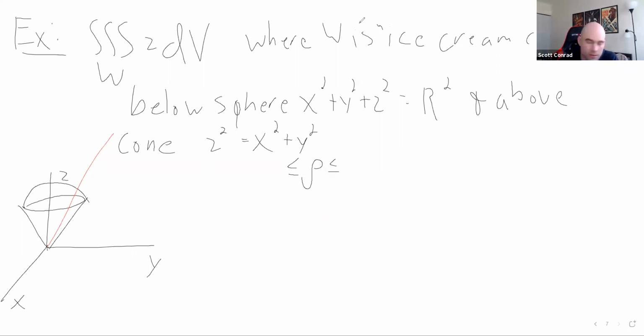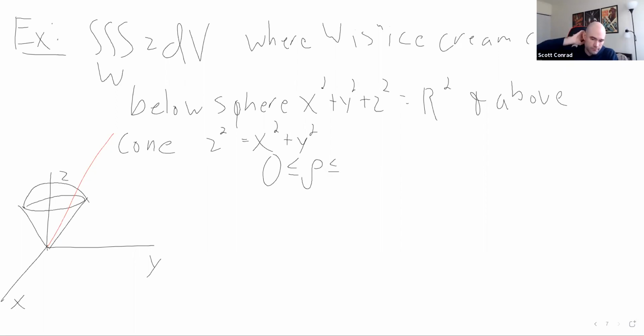The boundary surface closest to the origin is the lower bound, or if the origin's in there, 0 is the lower bound. The furthest away surface we hit, the outer boundary surface, is going to be the upper bound for rho. We write that as rho equals something. So the origin is in the region, so rho is bounded below by 0.